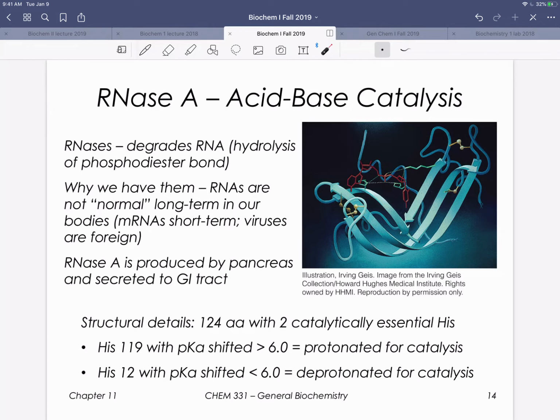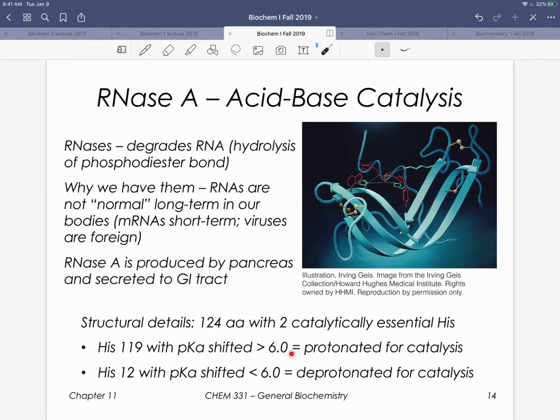RNase A is a pretty small enzyme, only 124 amino acids. Some things that are important to know is it's got 2 catalytically essential histidine residues. So again, we've got one histidine that has a pKa that's shifted greater than 6 so that it maintains its protonation state, and it's going to be protonated for catalysis, and then a histidine that has a pKa that's shifted a little bit less than 6, so it is going to be deprotonated to facilitate its role in catalysis.